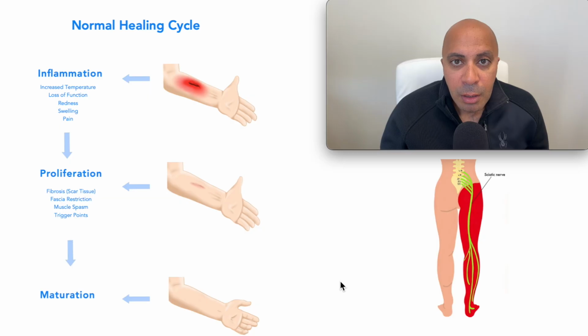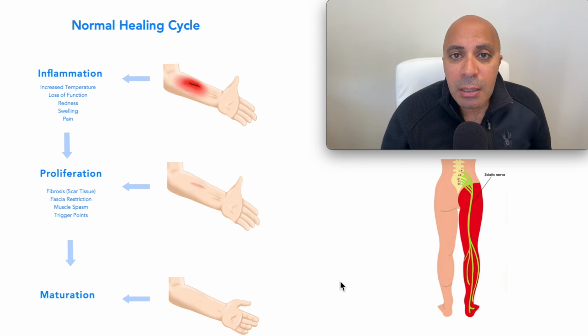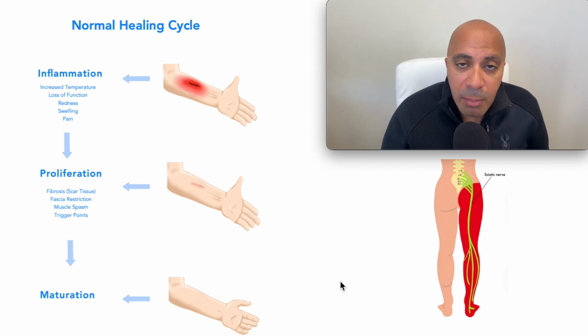So for lumbar radiculopathy, we need to understand the normal healing cycle. I'm going to use an external paper cut for visualization, but the same process happens internally when you have lumbar radiculopathy, but we don't see it because the skin covers it. For any musculoskeletal injury, especially lumbar radiculopathy, the body has to go through 3 stages in order to heal.